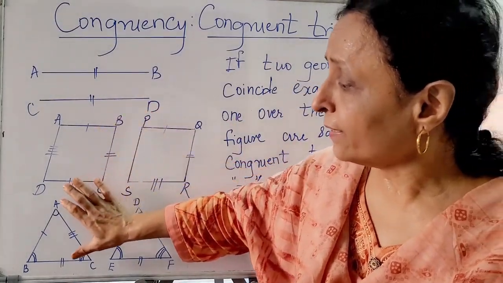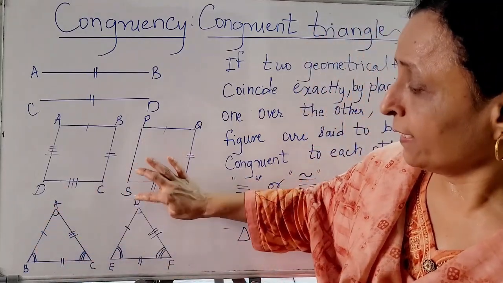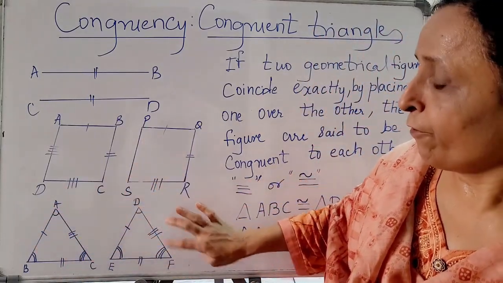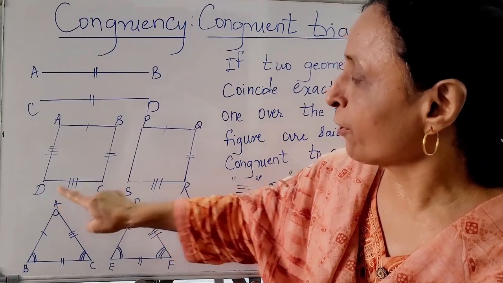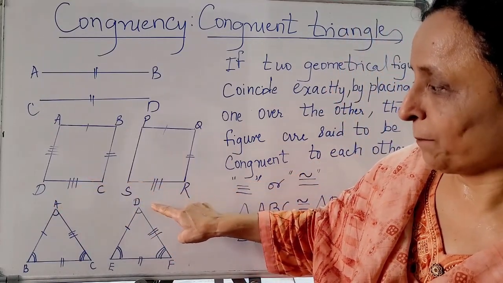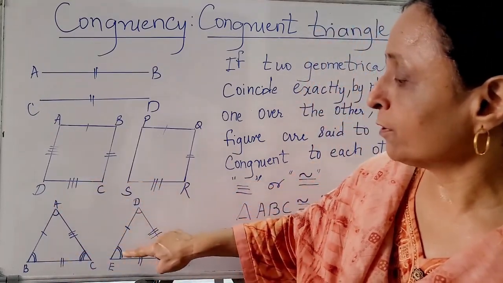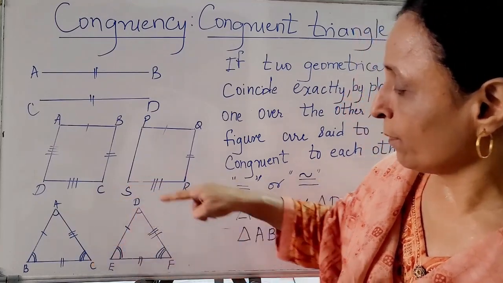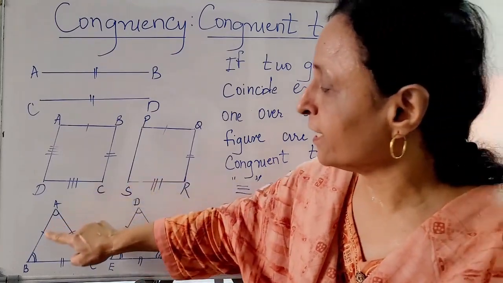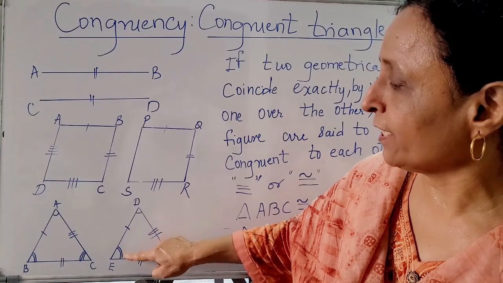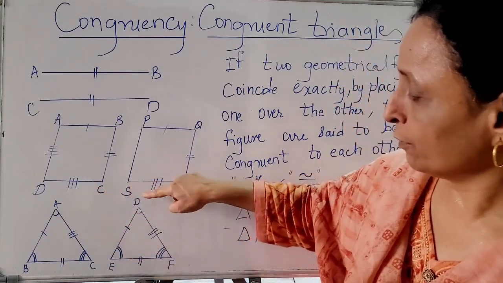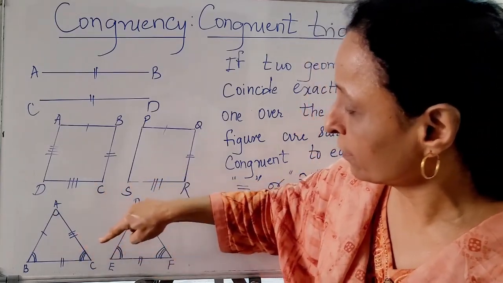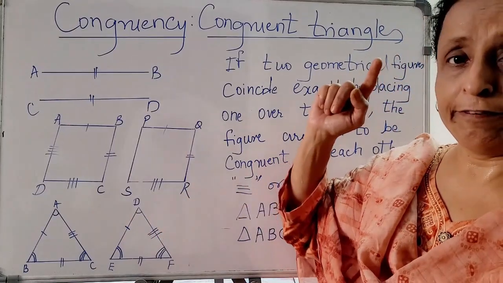Now for triangle ABC and DEF, the point A corresponds to D, B corresponds to E, C corresponds to F. The side AB corresponds to DE, AC corresponds to DF, BC corresponds to EF.